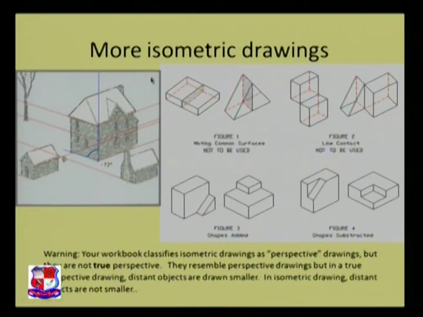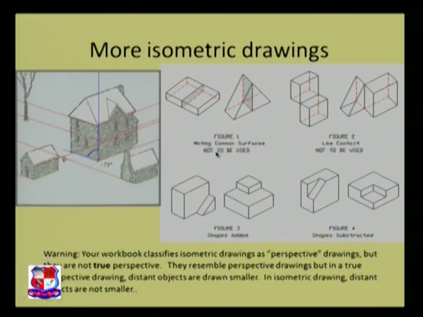Now when we are talking about mating common surfaces, as you can see over here, the two rectangles are mating with each other at one surface, denoted with the dots. Here, two right angle triangles are matching with each other, represented with the dotted points.